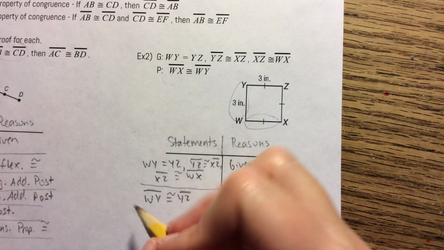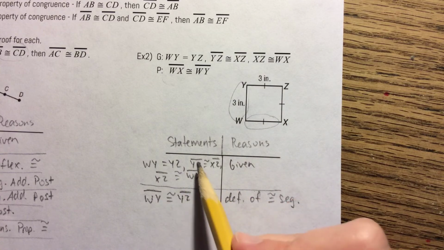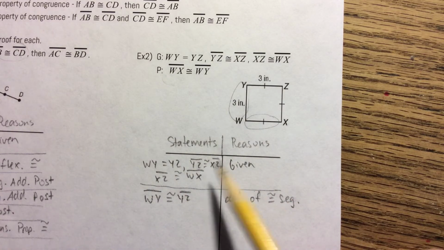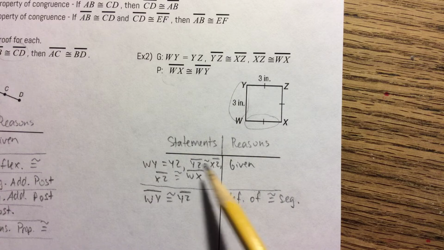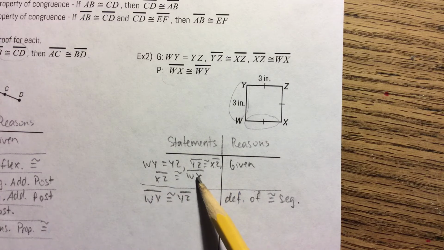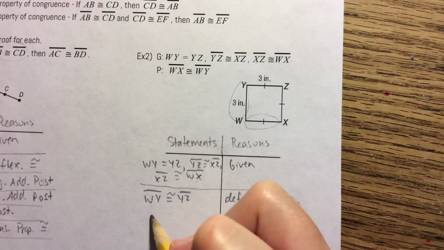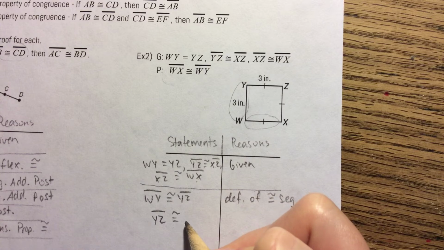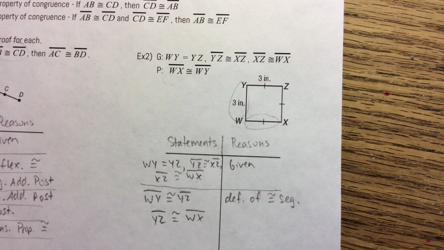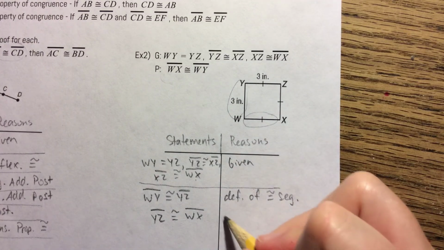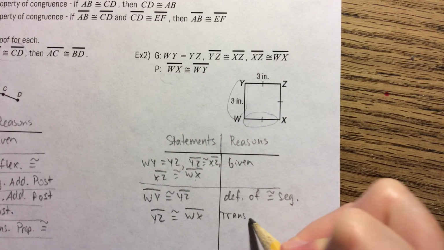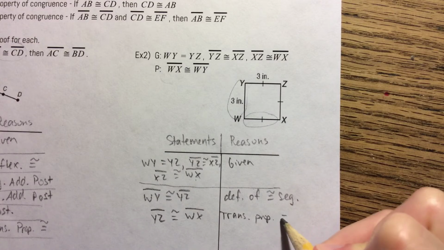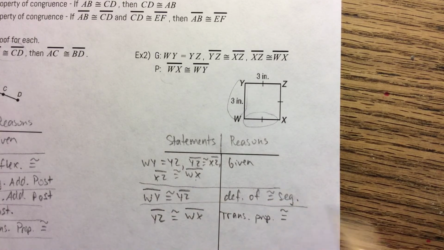So the next thing I'm going to say is, looking at what we have up here, this is kind of like if A equals B and B equals C, then I can say that A equals C. So I'm going to say that YZ is congruent to WX, which would be our transitive property again. Transitive property of congruence.